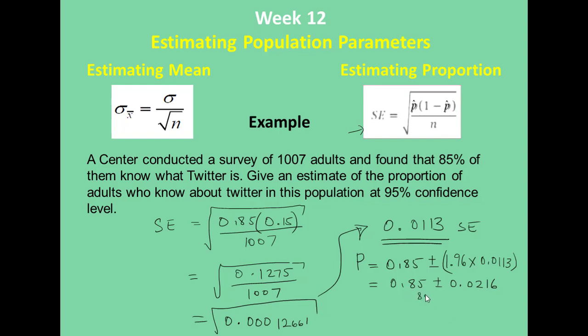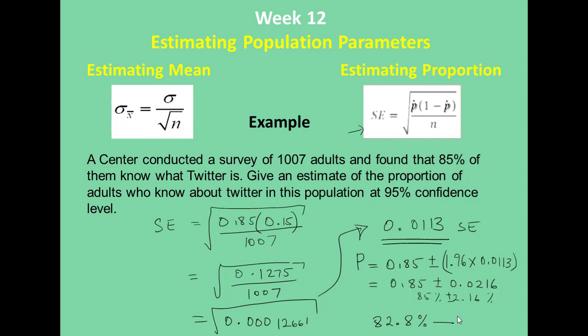So this is 85%, right? Plus minus this as a percentage is 2.16, right? So basically this is what we have in percentages. So it means that the true population proportion lies somewhere between 85% minus 2.16, which is 82.8%.